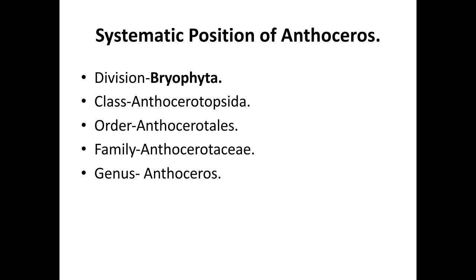Then Anthoceros belongs to order Anthocerotales. Now the thallus is homogeneous. All cells are alike, similar. Only smooth-walled rhizoids are present, while scales and tuberculated rhizoids are totally absent.